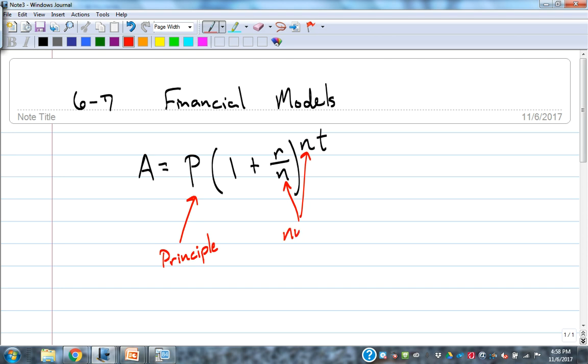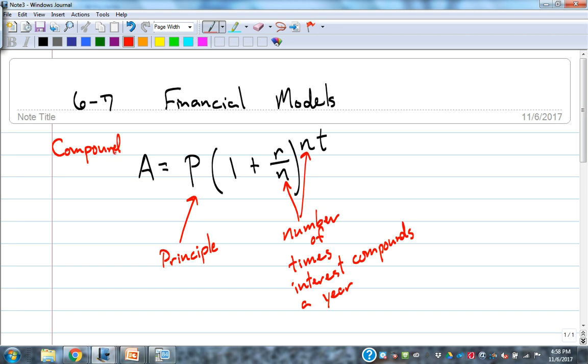It's the number of times interest compounds a year. So this is actually, I'm going to label this, the compound interest formula.